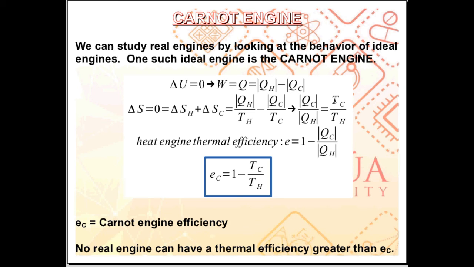Putting this relationship into the equation for the heat engine thermal efficiency, E is equal to 1 minus absolute value of QC over absolute value of QH, we get 1 minus TC over TH, and this is equal to EC, the engine efficiency of the Carnot engine.